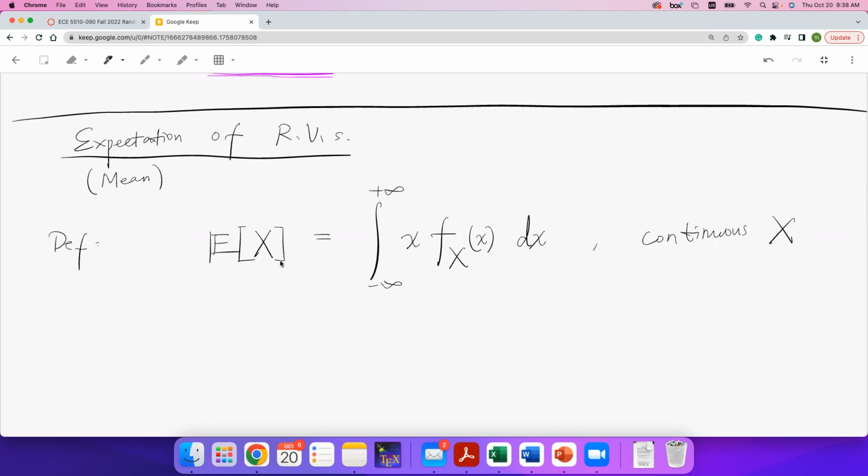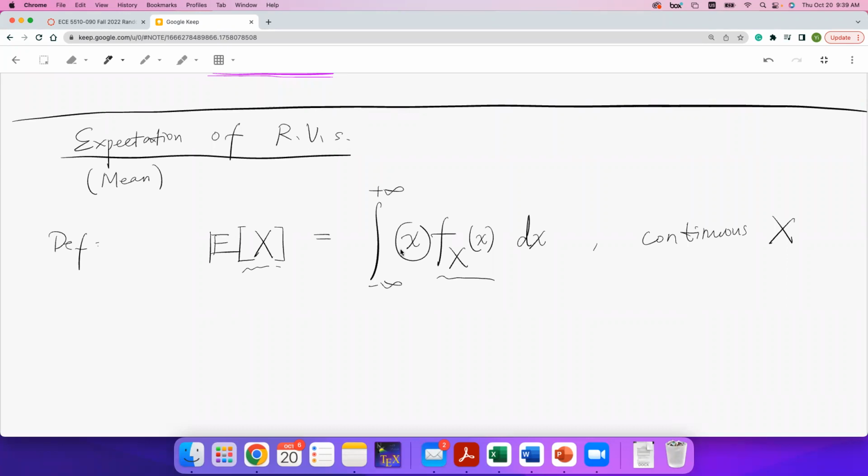So the expectation, intuitively, we're looking at what is the expected value of this random variable, right? So we do a weighted integration or weighted sum. We sum up or integrate all the realizations of these random variables, weighted by their corresponding densities. If a certain realization has a higher density, that means we have a higher chance to get to that point.